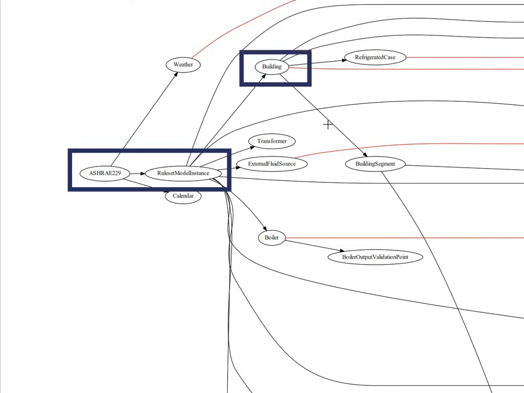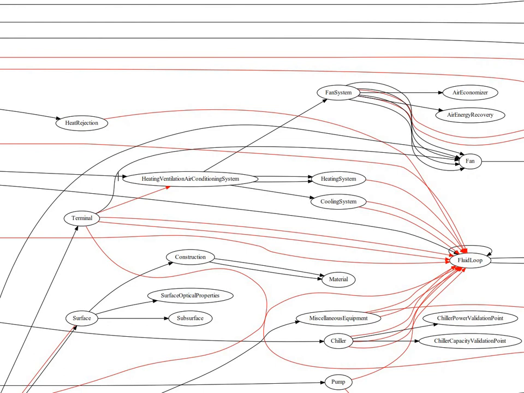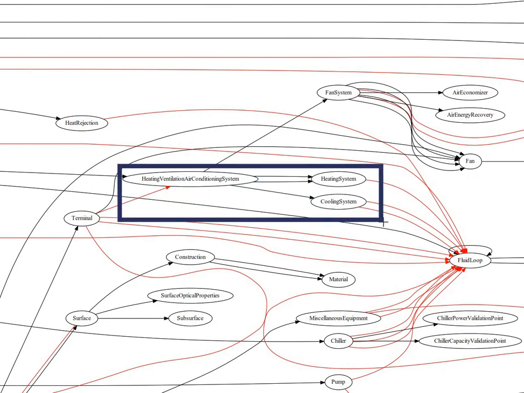One of the children of that is building, and then building segment is under that. And under that is heating, ventilation, and air conditioning, heating system, and cooling system, which we talked about last time. And another child of heating, ventilation, and air conditioning system is FanSystem, AirEconomizer, and AirEnergyRecovery, which is what we're going to talk about today.